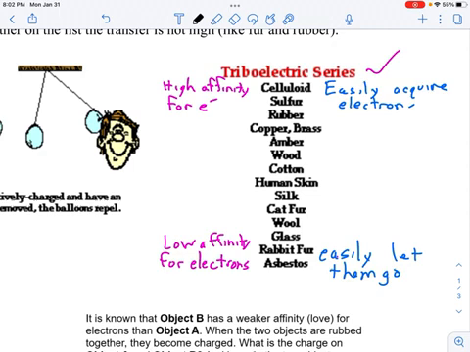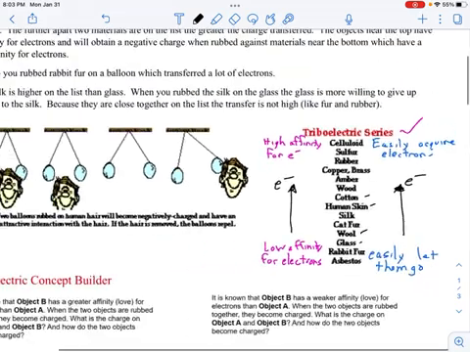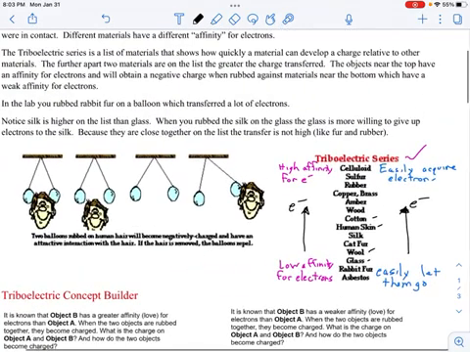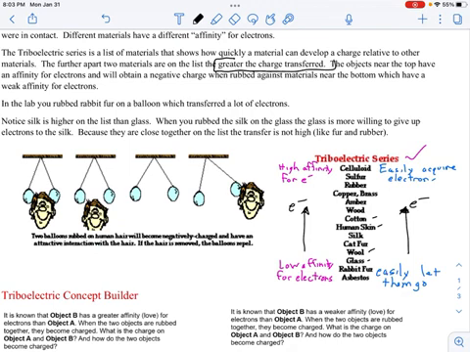So if we were to think about this, in as far as this list is concerned, electrons like to move up the list. Electrons will hop from human skin to cotton. They'll hop from glass to wool. And in fact, the further the two things are apart, like rabbit fur and rubber, there's going to be a much bigger jump. So the further they are apart, the greater the amount of charge transferred.